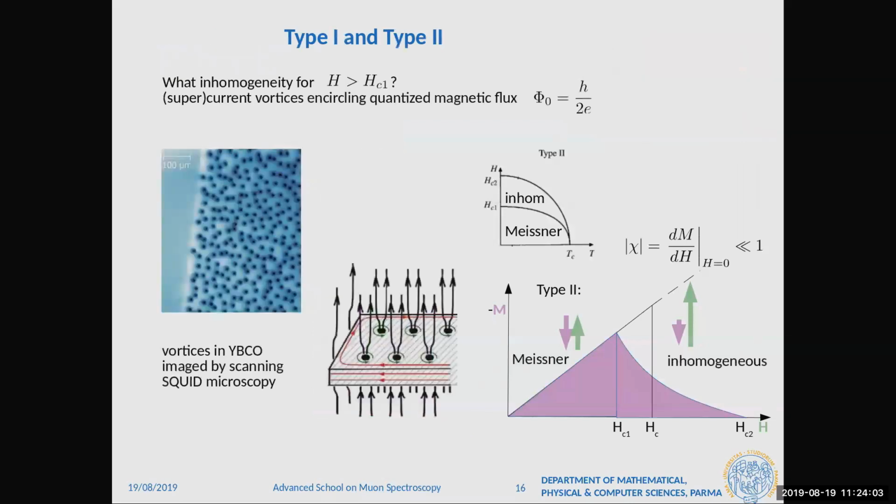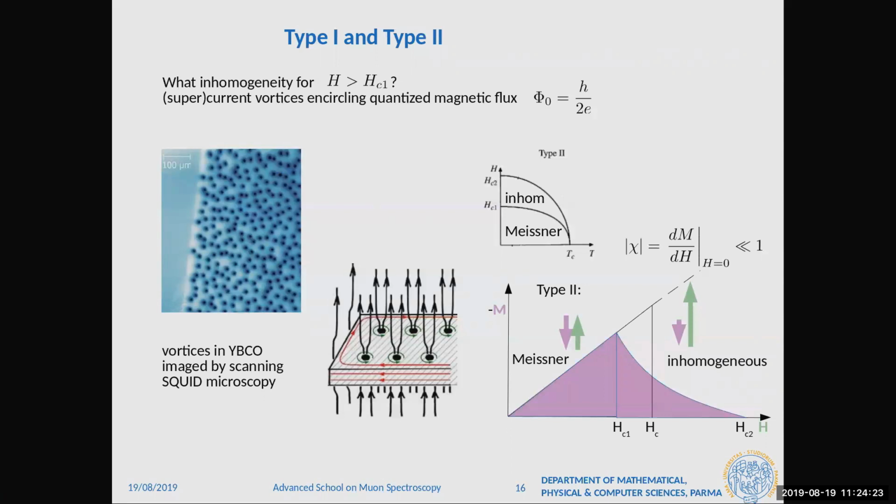We should see a little bit more. We know how it is. It's flux lines, and you can see them by sprinkling iron powders on top, like people did in the old times, and you can use a scanning electron microscope on YBCO and see these blobs, which are flux lines.